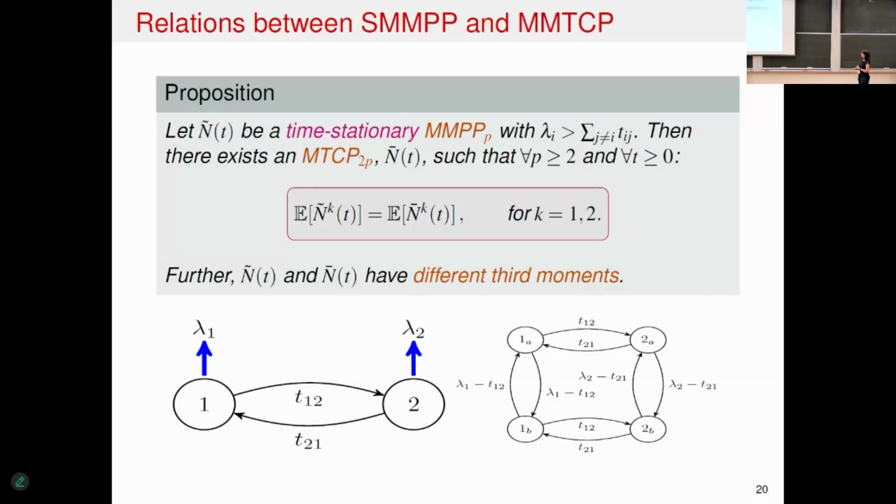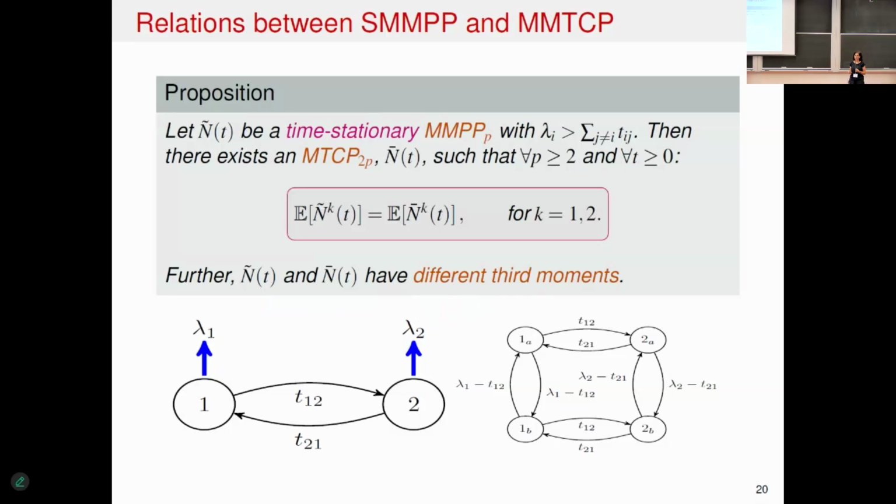For this kind of MMPP, I can find an MTCP with double the order, order 2P, such that the factorial moments of the counting process are the same for the first and second moment, but not the same for the third moment.